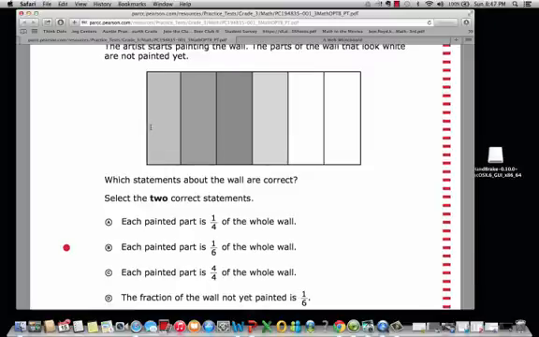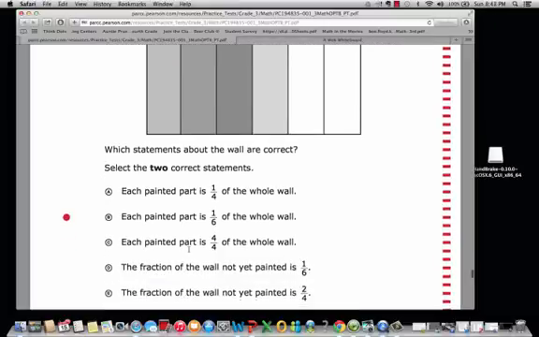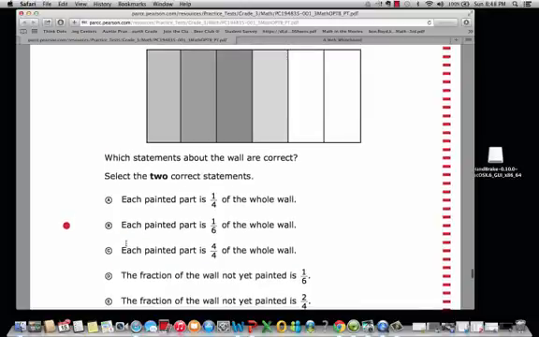Each painted part is 1/4 of the whole wall. No, it can't be a quarter because it's split into 6. Each painted part is 1/6 of the whole wall. Yes, I agree with that. Each painted part is 4/4 of the whole wall. 4/4 is equivalent to 1, so rereading that statement as each painted part is 1 of the whole wall, that doesn't make sense.